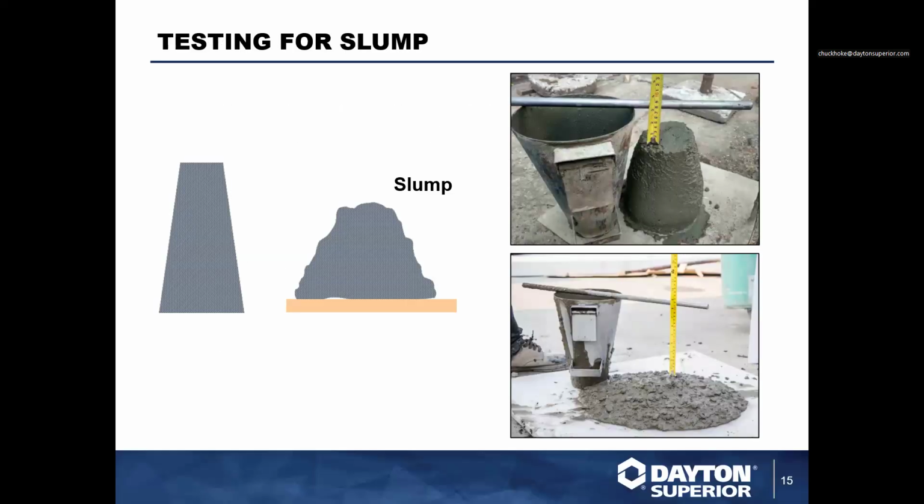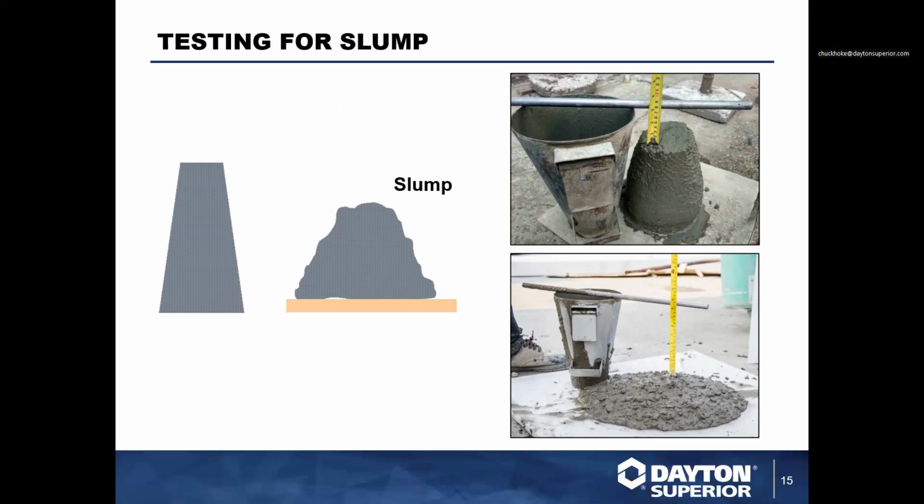So slump is basically used for testing processes. You can see the cone that they actually have over on the side here. What they will do is flip that upside down, start filling it up a third of the way, and ram it.